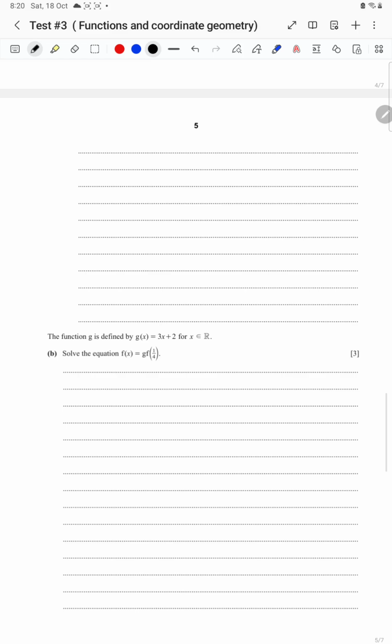Okay, now it's also given the function g of x is this. For x belongs to real numbers, solve the equation f of x is g f of 1 by 4. Already we are given in the first part, that is 2x plus 1 over 2x minus 1. So first find f of 1 by 4: 2 times 1 by 4 plus 1 over 2 times 1 by 4 minus 1.